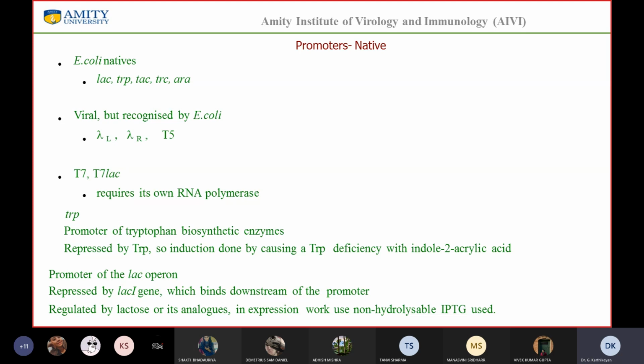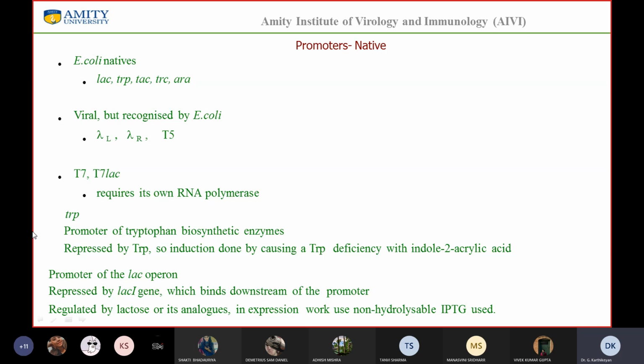This T7 phage encodes its own RNA polymerase, which is an extremely, highly processive RNA polymerase. What is a processive RNA polymerase? Once it binds, it transcribes and transcribes and keeps on transcribing. That is the meaning of a highly processive RNA polymerase.